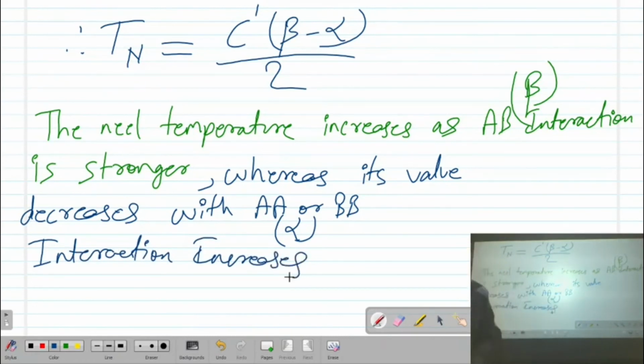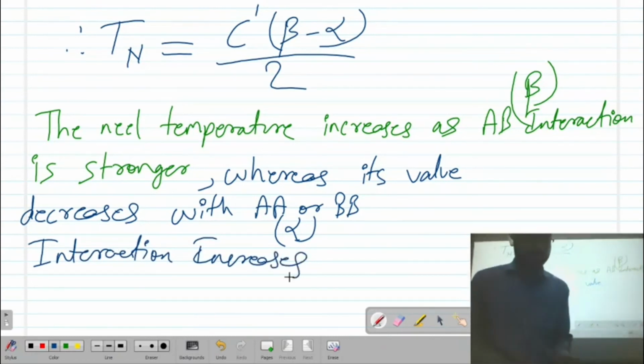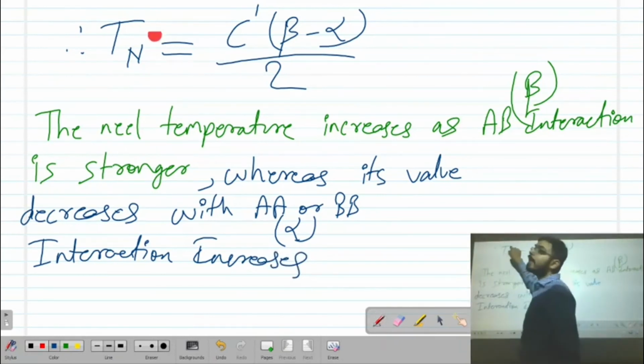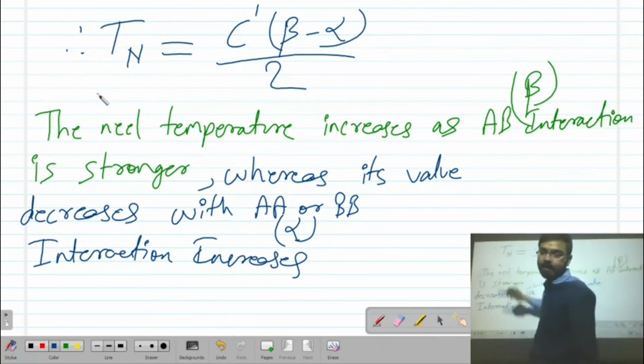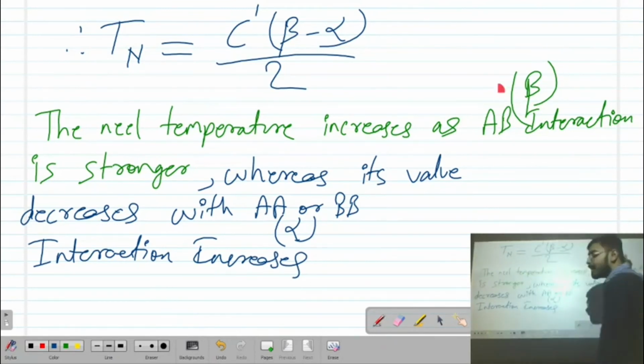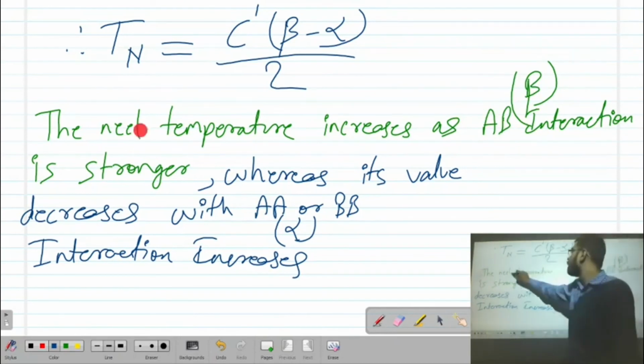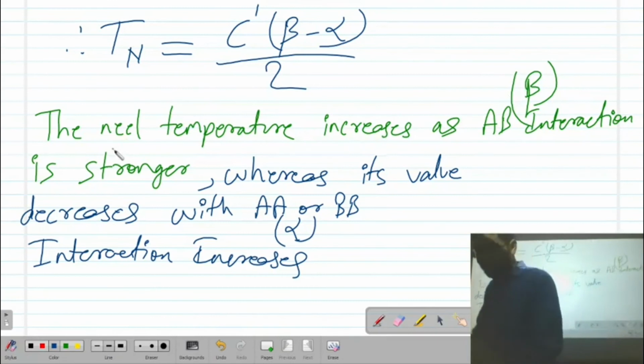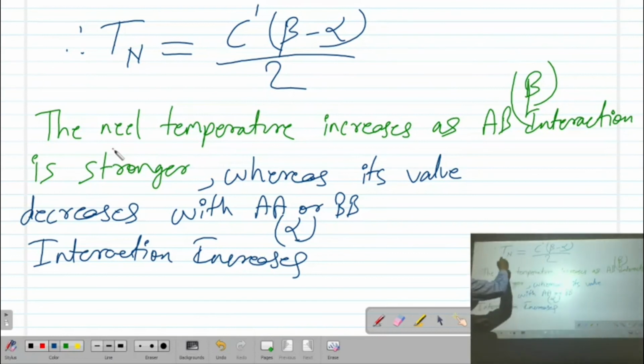When the similar kind of atom interaction increases, the value of Tn is going to be less. It will decrease. When you have a different kind of interaction, a strong interaction, then you will have a higher value of Néel temperature. So this is the relation between the interaction of atom A and atom B having opposite magnetic dipole moment, and Tn.